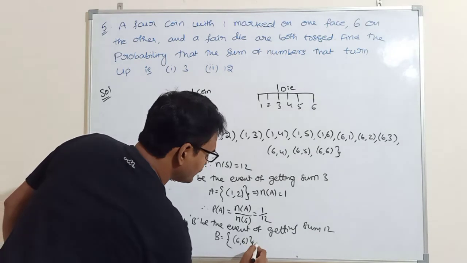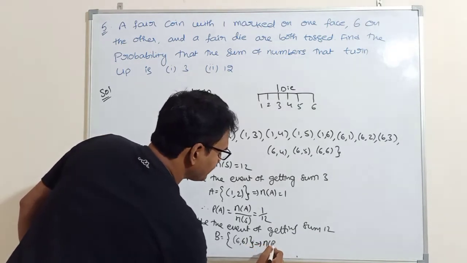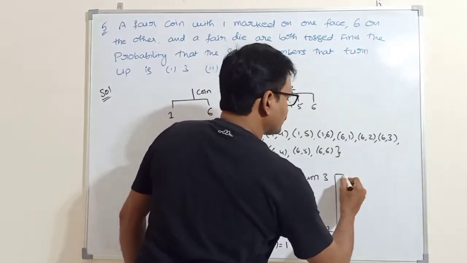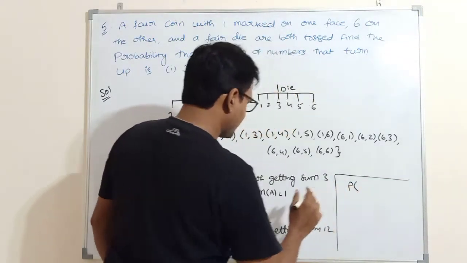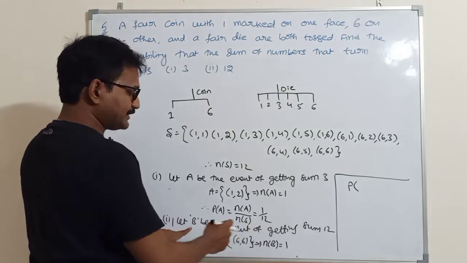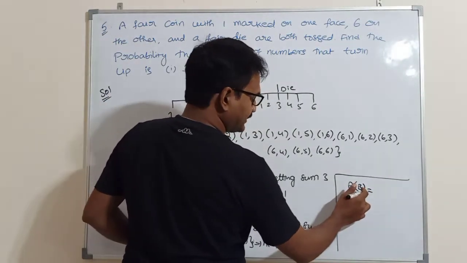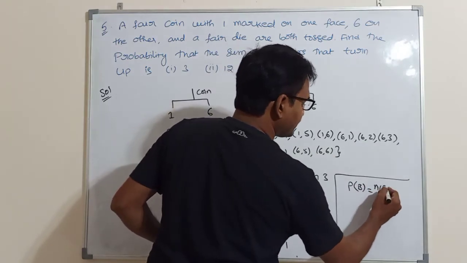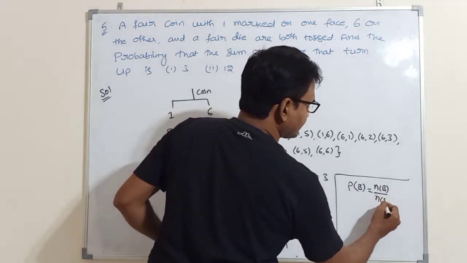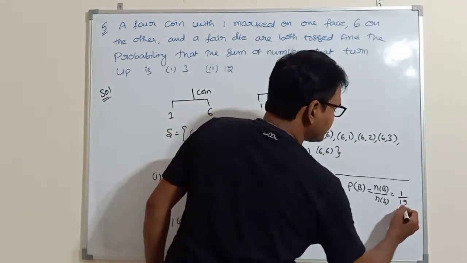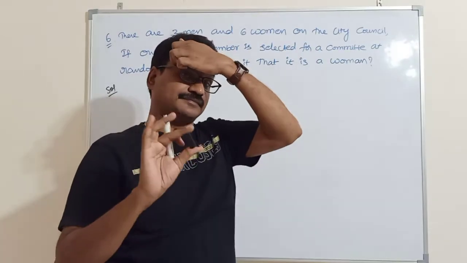So how many sample points are there? Only 1. Therefore the probability of getting sum 12 is n of B by n of S. Number of favorable outcomes is 1 out of 12, so 1 by 12.